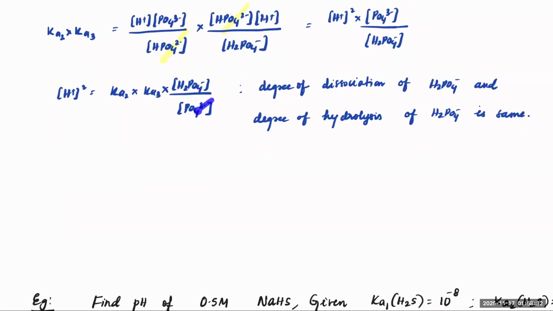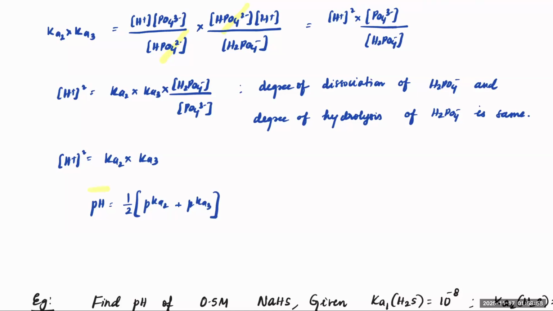So in that case, this term and this term will get cancelled. So we will get H plus whole square is equal to Ka2 multiplied by Ka3. So hence pH will be equal to half of pKa2 plus pKa3.